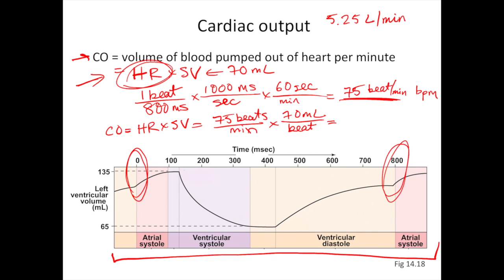Okay, and that is going to give us a value of 5,250 milliliters per minute, or 5.25 liters per minute. Okay, and I should point out, this is a pretty typical value for cardiac output. Cardiac output is usually about 5 liters per minute.